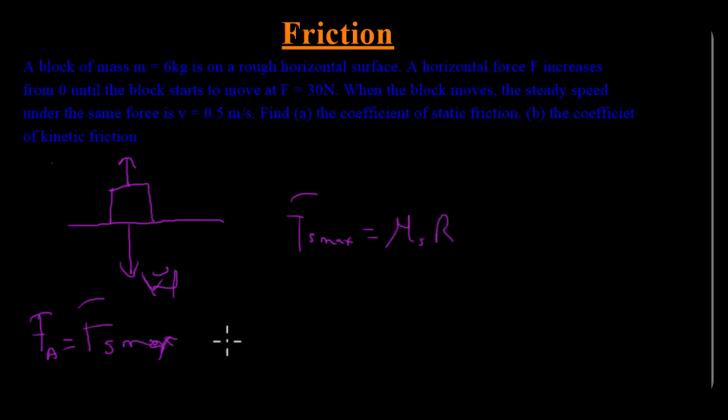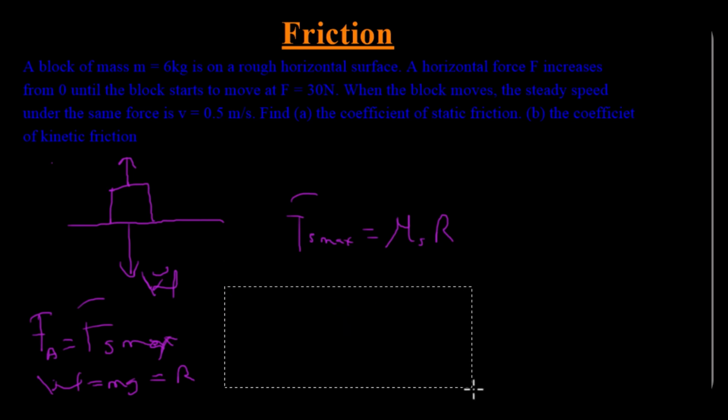So I'll get my R. W is equal to mg, that's equal to R, and then what's my mass? Mass is 6 times 10, so that gives us 60 newtons. So this is my R, 60 newtons. So let me clear this and then write it underneath our equation.